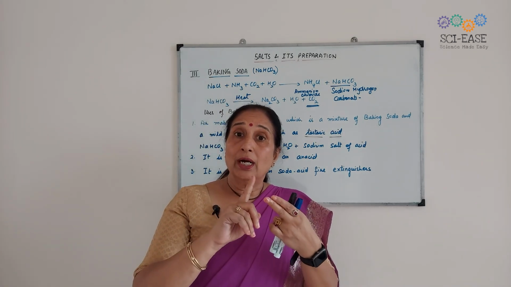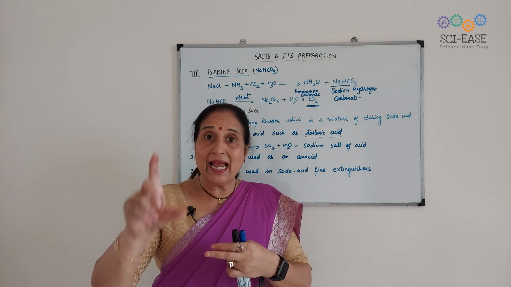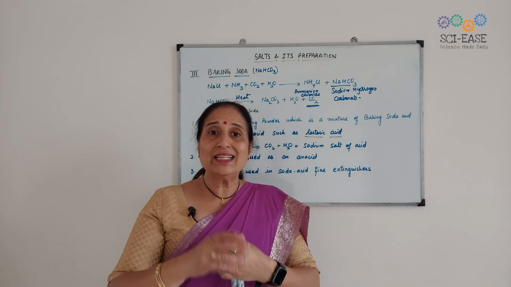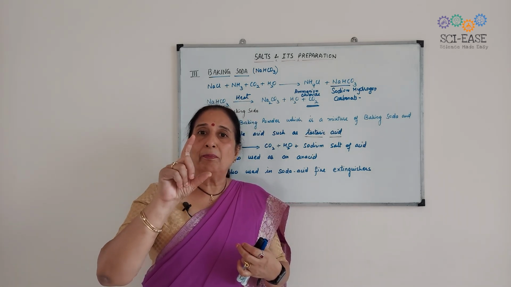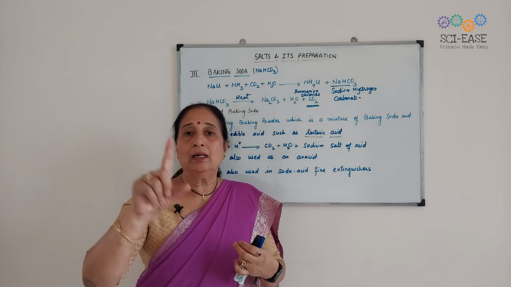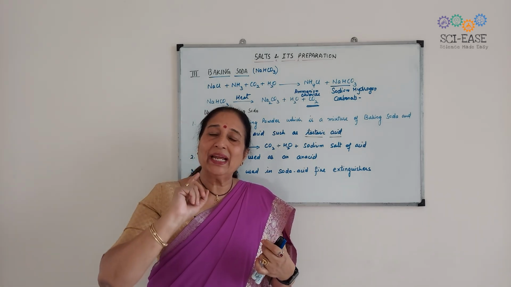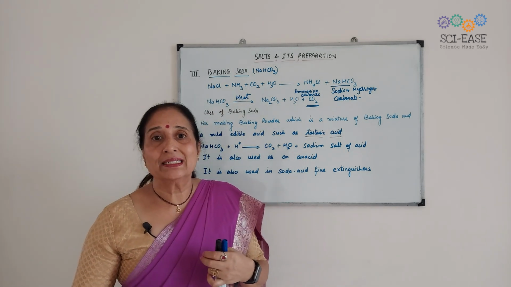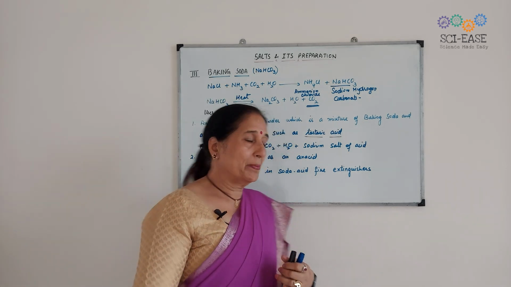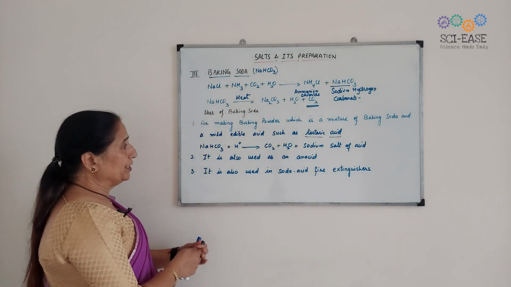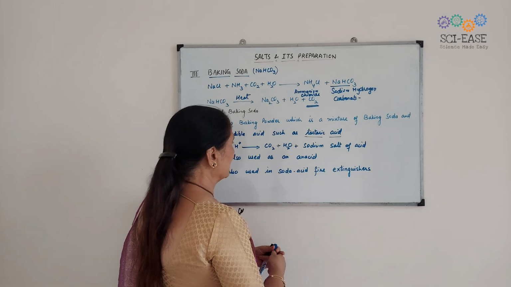So this is used in some of the ready-made antacids, and otherwise also we can take a mixture of baking soda, lemon and water and drink it. That will neutralize the excess acid in the food pipe. So a very important use is that it is used as an antacid.